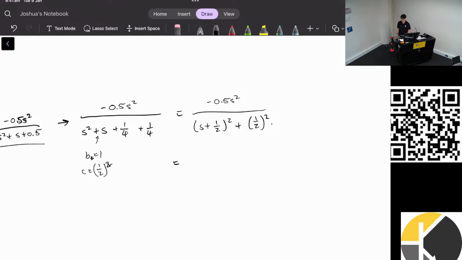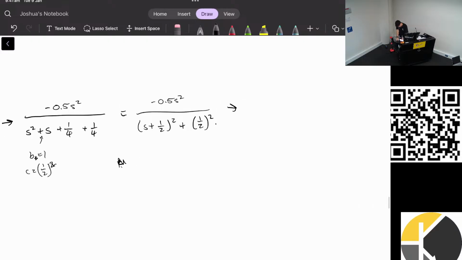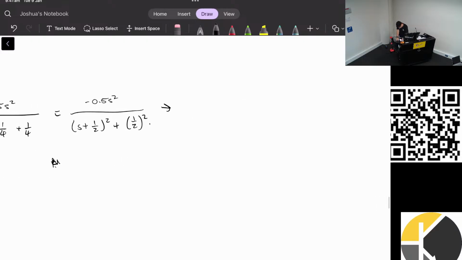Any ideas how I would get my poles from here? Set the denominator to be 0? Yeah, would that work? Yep, we can do that. So we have s plus a half squared plus a half squared equals 0.